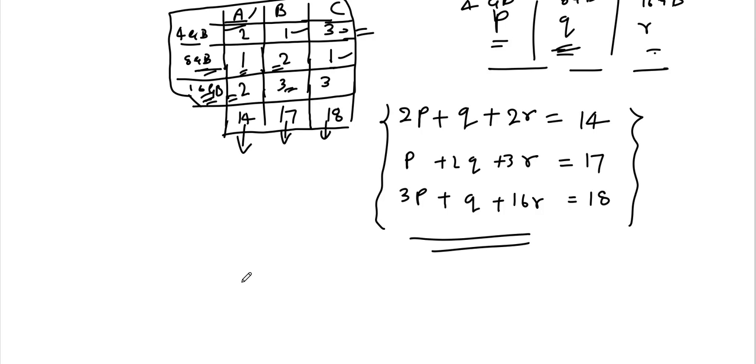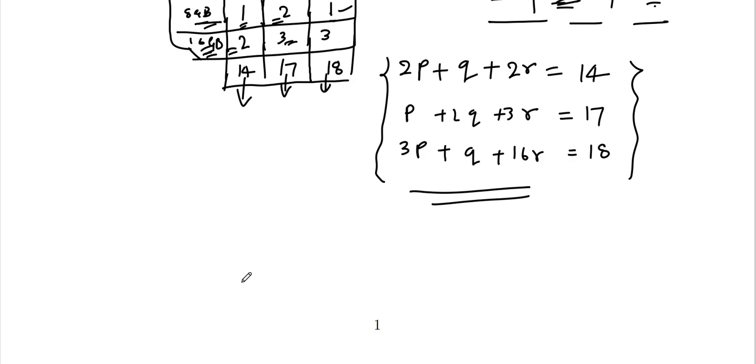The coefficient matrix A will be 2, 1, 2, and here 1, 2, 3, and this is 3, 1. Here he sold 3 laptops with 16 GB, so here it will be 3.